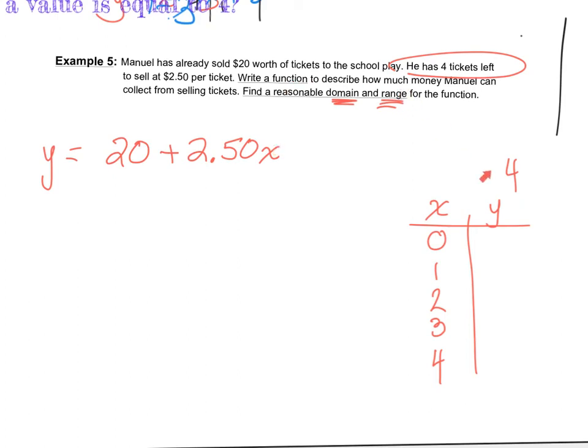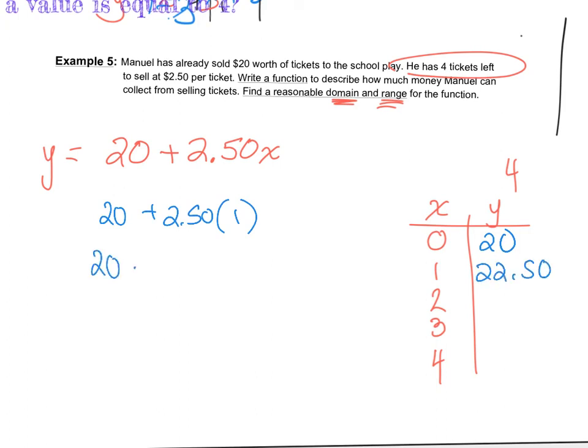But reasonable domain and range just wants one list of X's and Y's. So you recognize that if he only has 4 tickets left, you can sell 0 tickets, 1 ticket, 2 tickets, 3 tickets, or 4 tickets, because this is the independent variable. Then you plug it in: if he sold 0 tickets, he only made $20. If he sold 1 ticket, he's going to make $22.50.